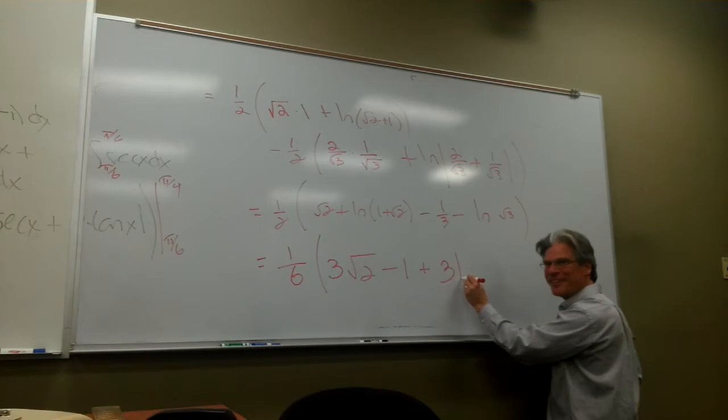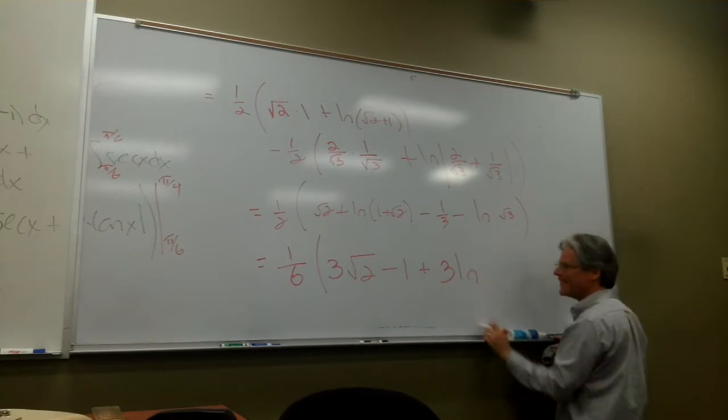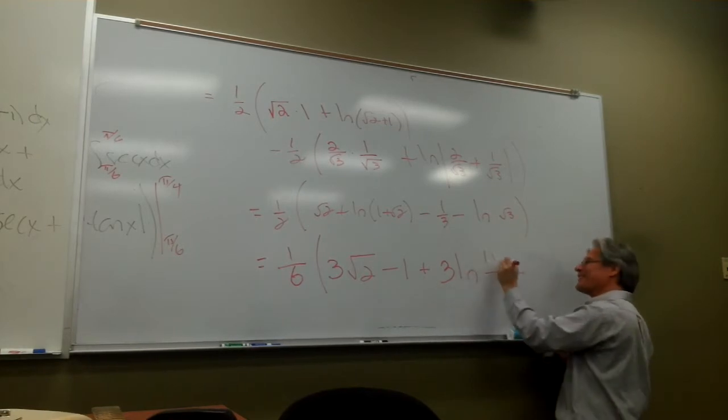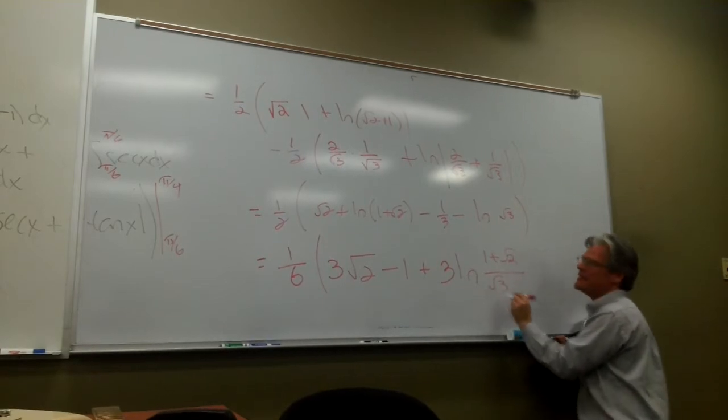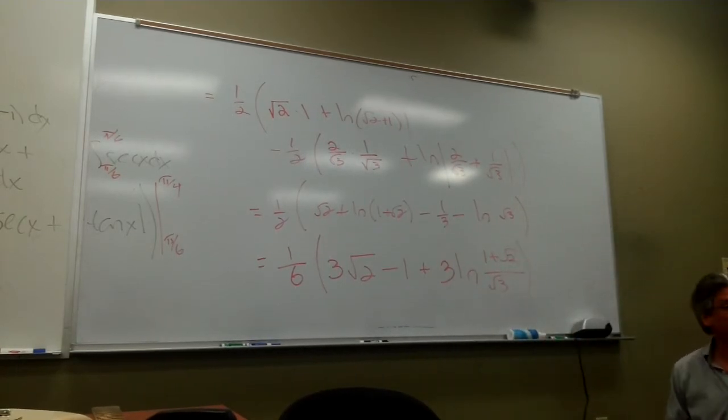Now, am I all alone? Thanks. Natural log of this ratio. Doesn't that look prettier? Oh, you're right. Maybe I can pull out a factor 3. It does work out nicely that way, doesn't it?